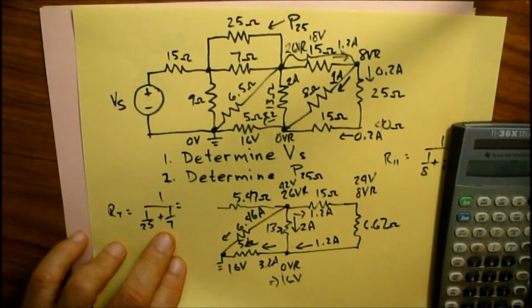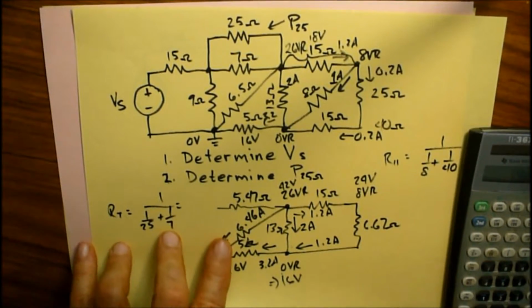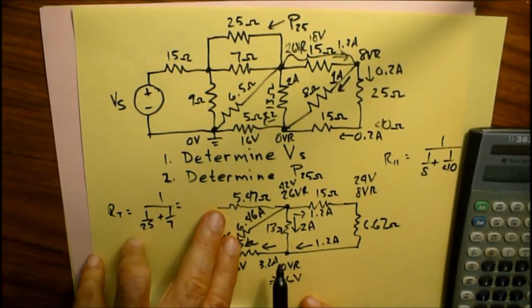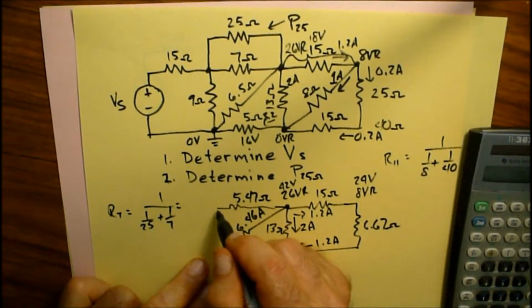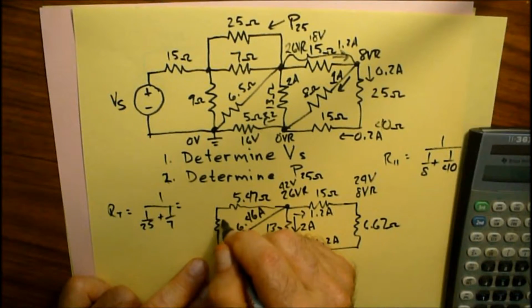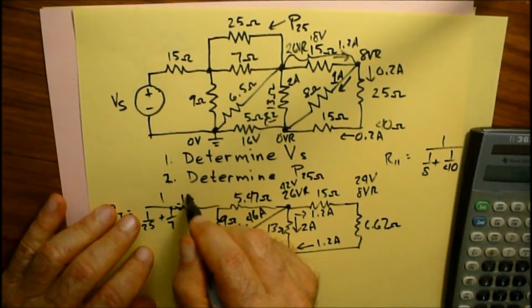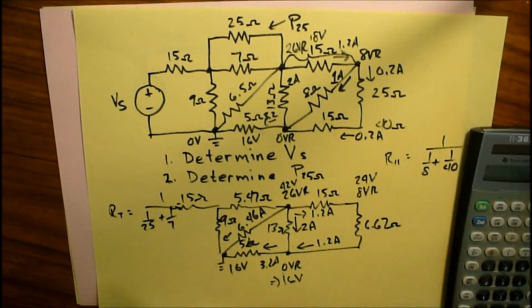I'm going to store that because that's going to give me an actual even number somewhere. So 5.47 ohms. I have another resistor right here, 9 ohms, and then of course the next resistor is 15 ohms. We still don't know what's going on over there.